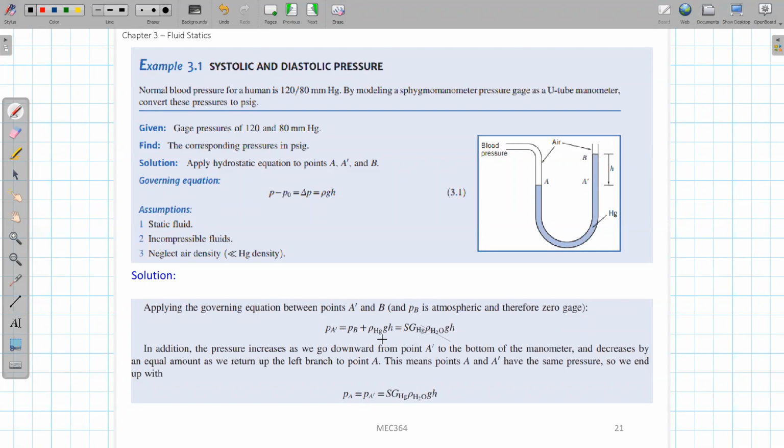For the density of the mercury, this example problem gives the specific gravity of the mercury instead. So to get the density of mercury, you use the specific gravity of the mercury times the standard water density. This way you convert it to the density of the mercury, and this is what we got.